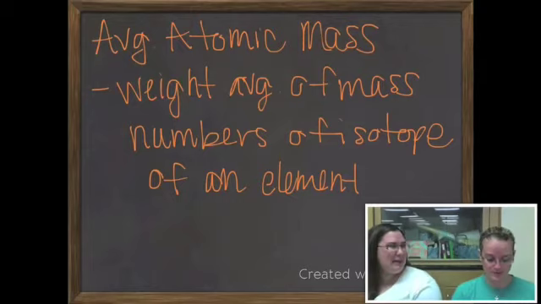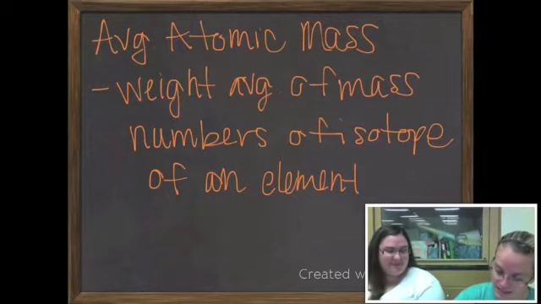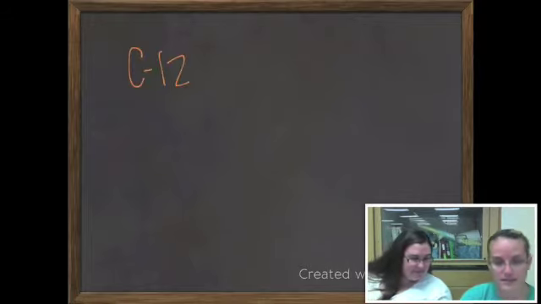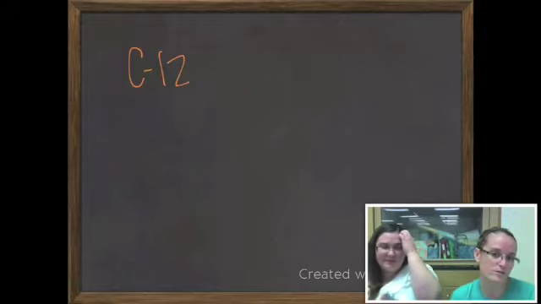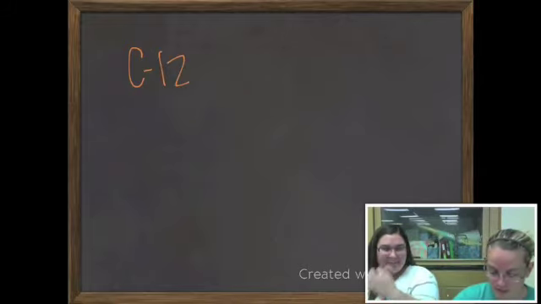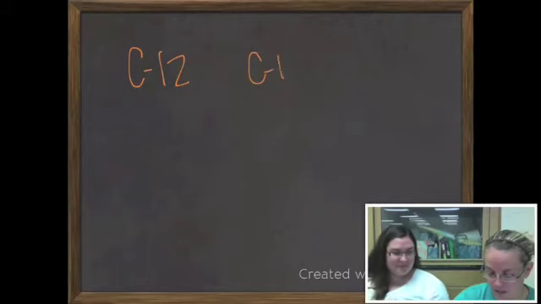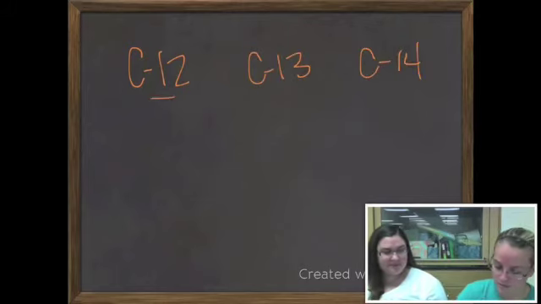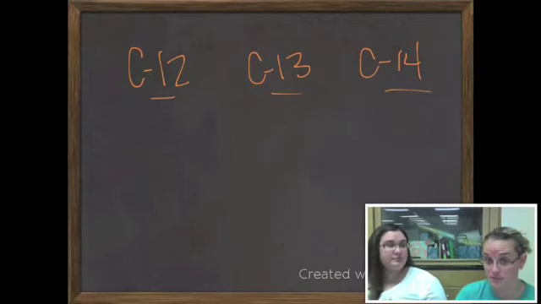All right. So one of the things you want to remember: we have an average, and carbon is probably one of the most common isotopes that you'll hear or talk about in general. So I've got a carbon 12, a carbon 13, and a carbon 14. Remember that the numbers I wrote behind each of them are their mass numbers.